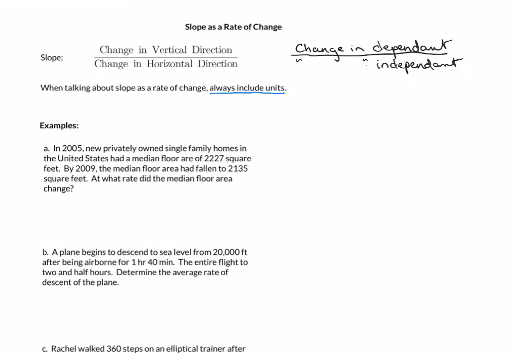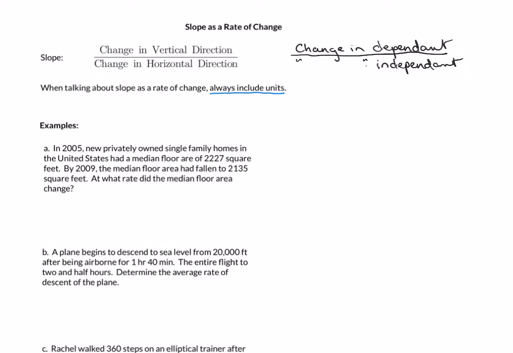Example A: in 2005, new privately owned single-family homes in the United States had a median floor area of 2,227 square feet. By 2009, the median floor area had fallen to 2,135 square feet.